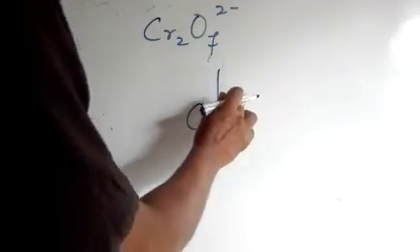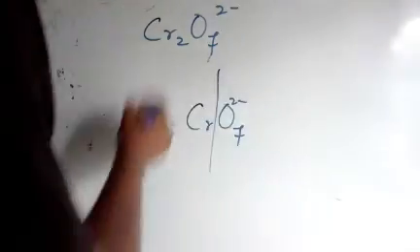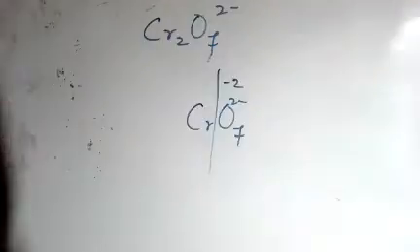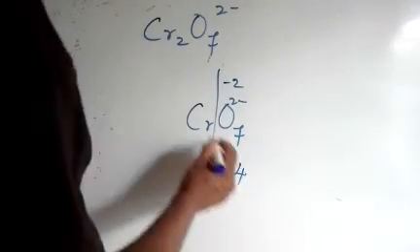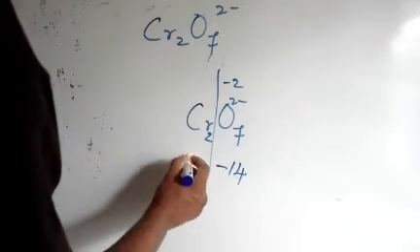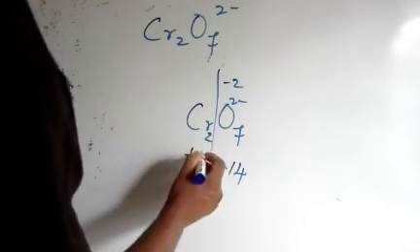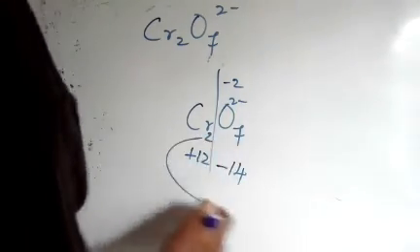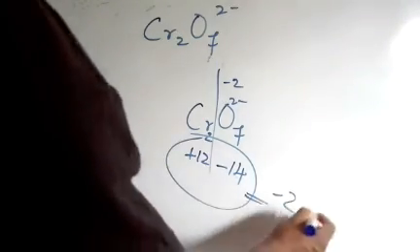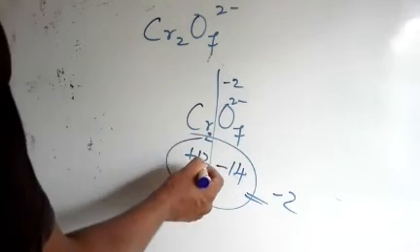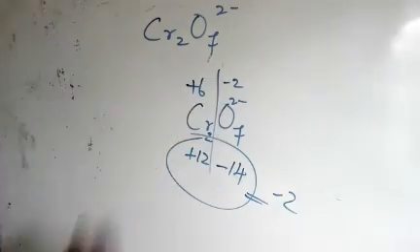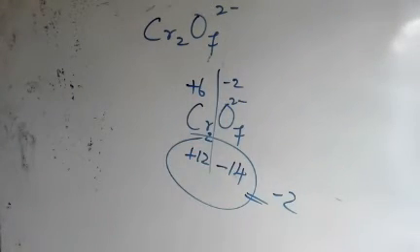This minus 2 is the oxidation state of the ion. The oxidation state of oxygen is minus 2 into 7, minus 14. This should be plus 12 then. Why? The sum should be equal to minus 2. So 2 into 1 gives plus 6. Okay, so that's the meaning of that.